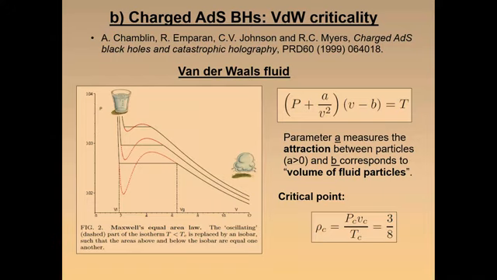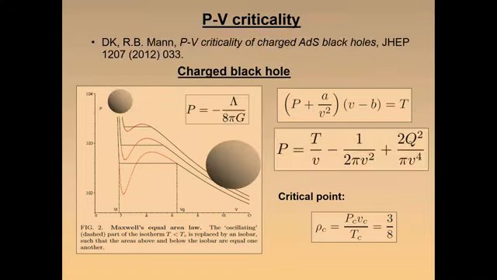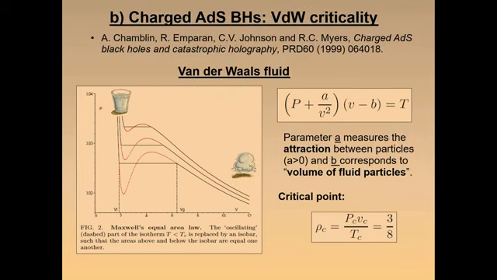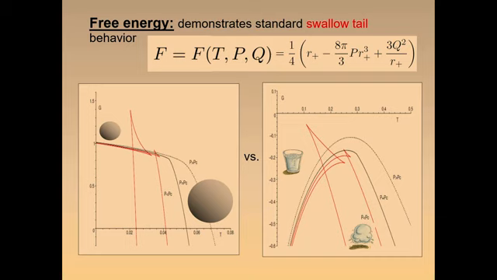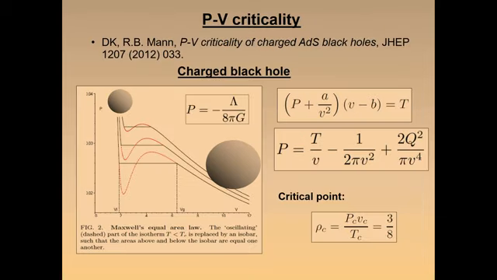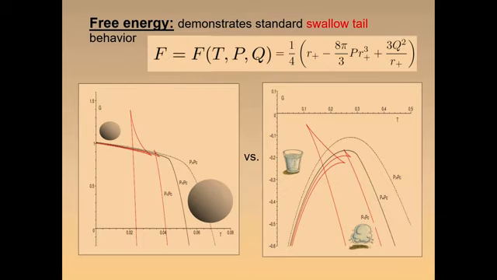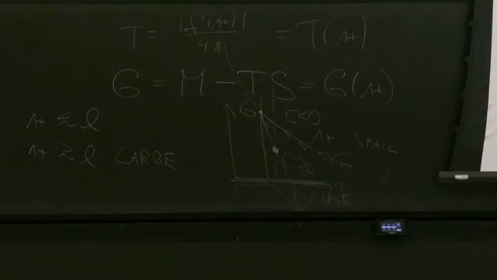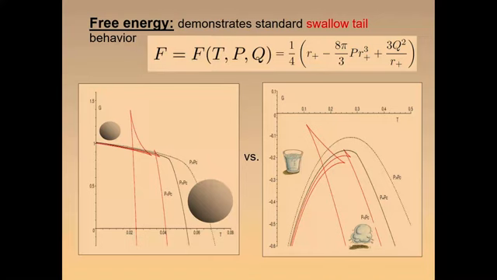If I just add charge, something even more interesting happens. What you get is a free energy, first discussed by these people here, Rob Myers in particular. If you plot the free energy, it looks even more interesting. It develops this piece as the radius of the black hole increases, and you get something called swallowtail behavior.